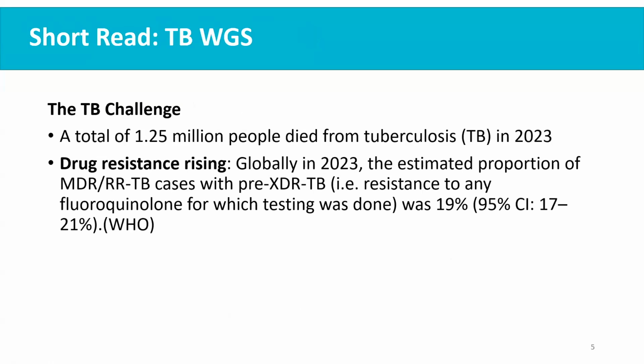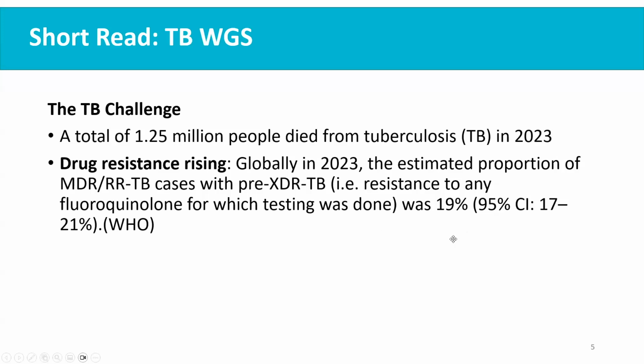So let's start with TB. TB has been a challenge for public health worldwide, and the drug resistance has been rising and there have been so many deaths from TB in 2023 based on WHO.